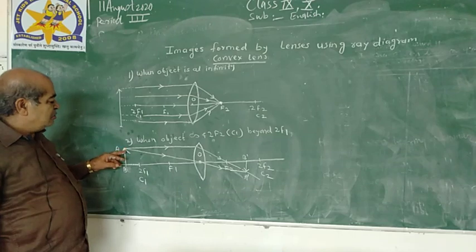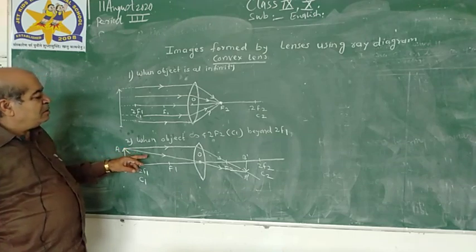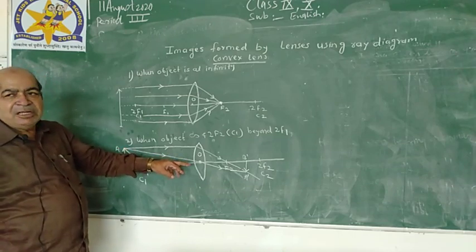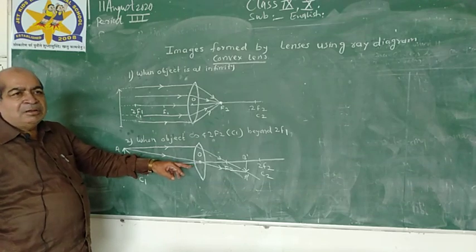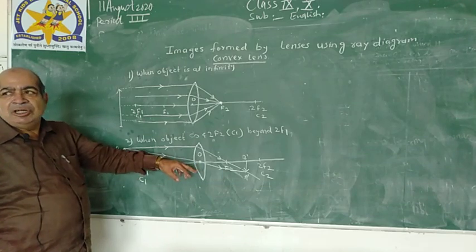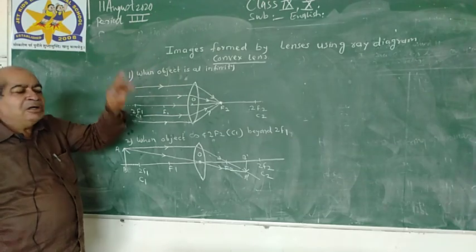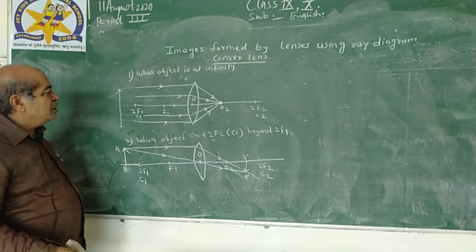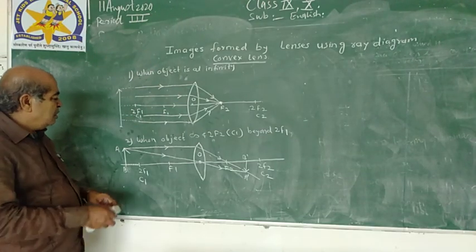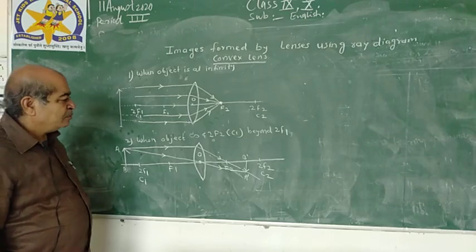And the second rule is, the ray of light passing through the optic center, after refraction it emerges along a straight line, or it emerges without any deviation.